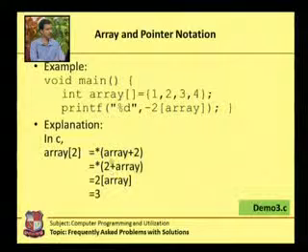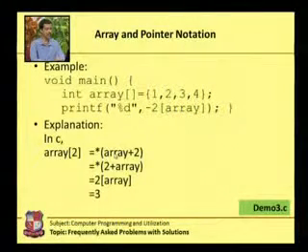Array gives the starting address, you add the number of bytes depending upon its type, and you can reach your destination address and fetch its value by adding star. So giving array[2] in this example is going to give 3, but even if you type 2[array], it's going to give 3. Minus sign is added, and so finally it's going to give you minus 3 to %d, and minus 3 comes on screen.